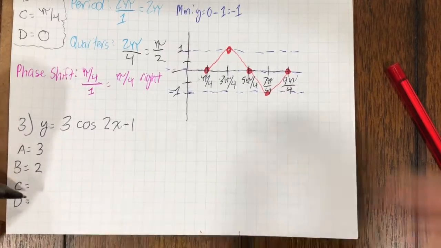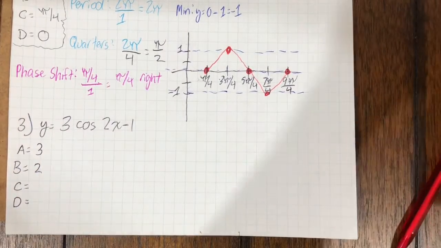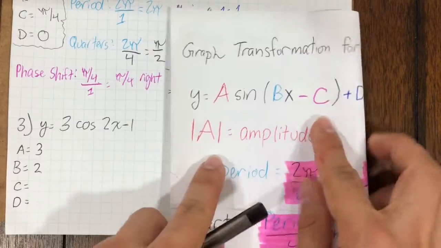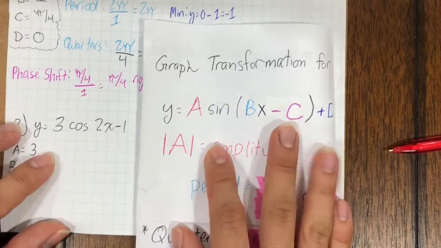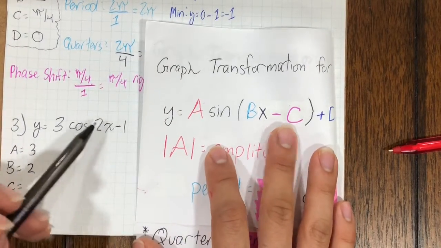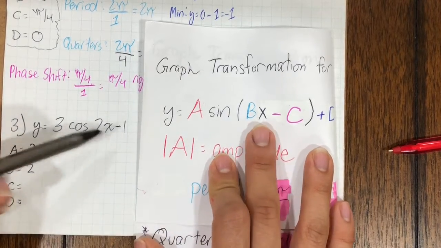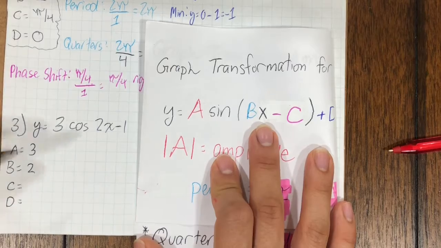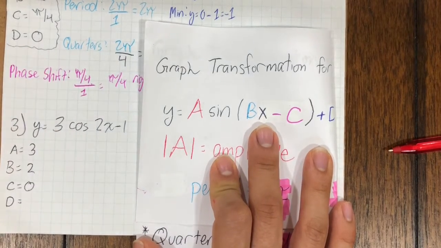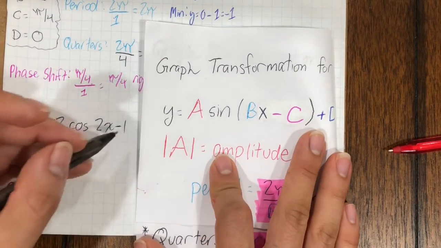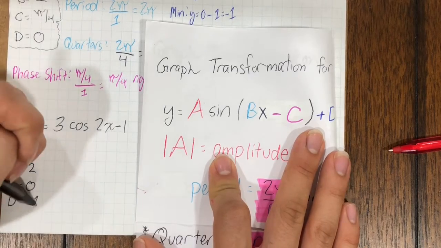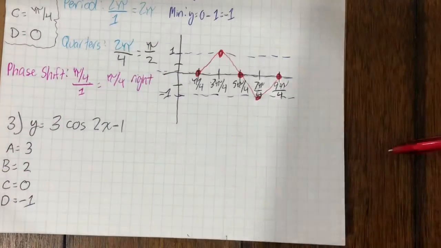If we compare the format of the function to this function, we see that there really is no radian being added or subtracted to b of x, so my C is going to be 0 radians. And then D, we have -1.